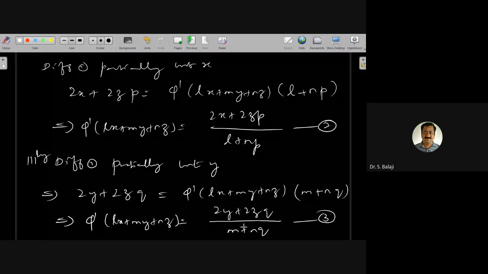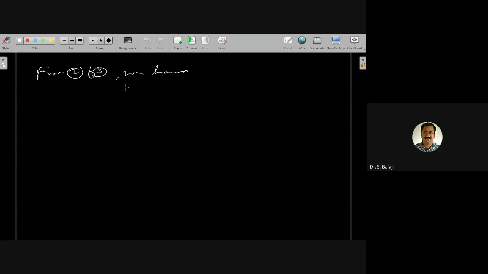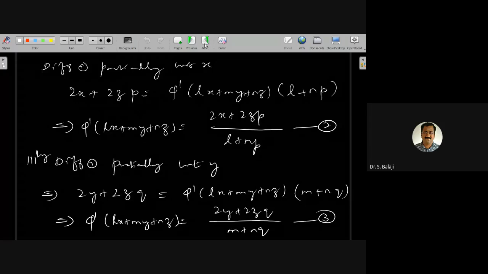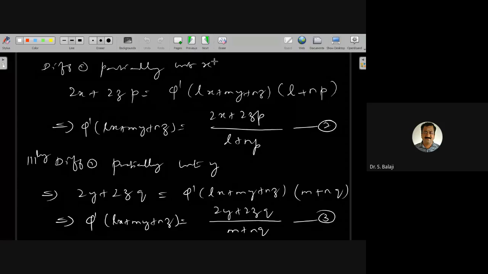Now both are the same here. Therefore, from equation numbers 2 and 3, we have (2x plus 2zp) divided by (l plus np) on the left side, equal to (2y plus 2zq) divided by (m plus nq).